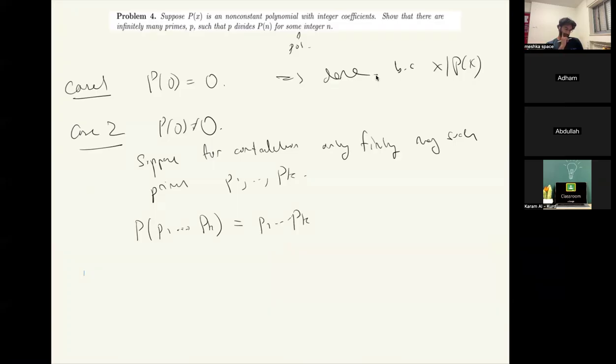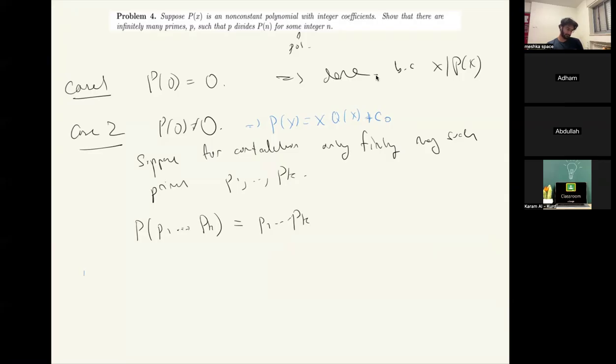So maybe we should write something like p of x equals x times q of x plus some integer n. We can do this, right? n is just a constant term, so let's write it as c0. So then this is equal to m times m plus c0, right?